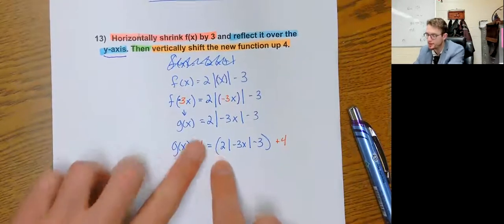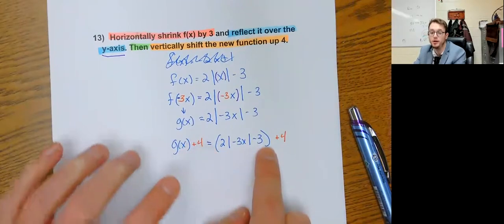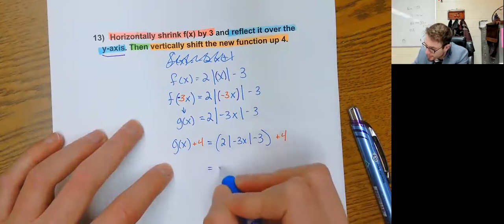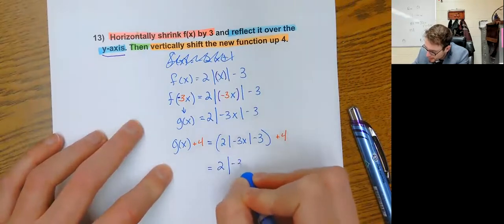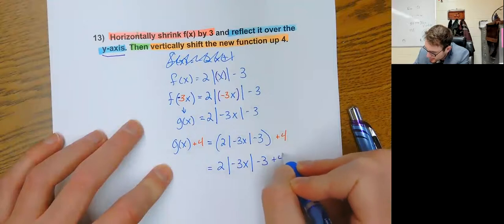Is there anything for me to distribute right there? There isn't. So really these parentheses aren't doing anything. So I can just drop them and it'd be 2 absolute value of negative 3x minus 3 plus 4.